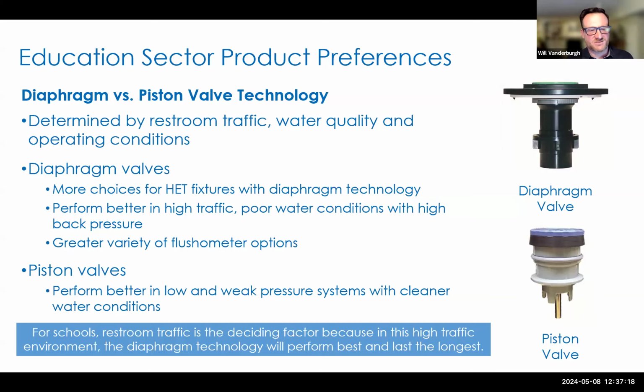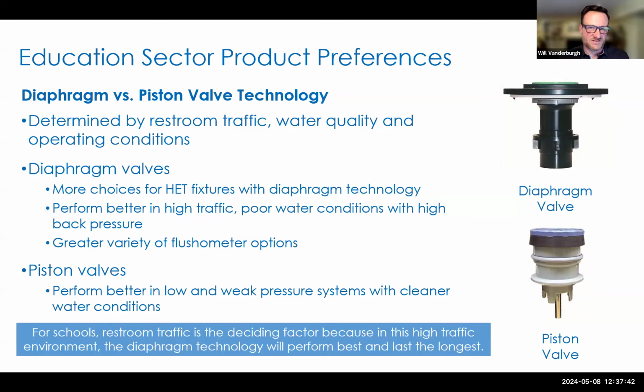However, in some cases where there's low water pressure, for instance, if we have schools that are operating on wells, which there are a number of everywhere, if a school is operating on a well and it has lower fluctuating water pressure, the piston valve is a great solution for that. It operates much more consistently in the low pressure range than a diaphragm valve will.